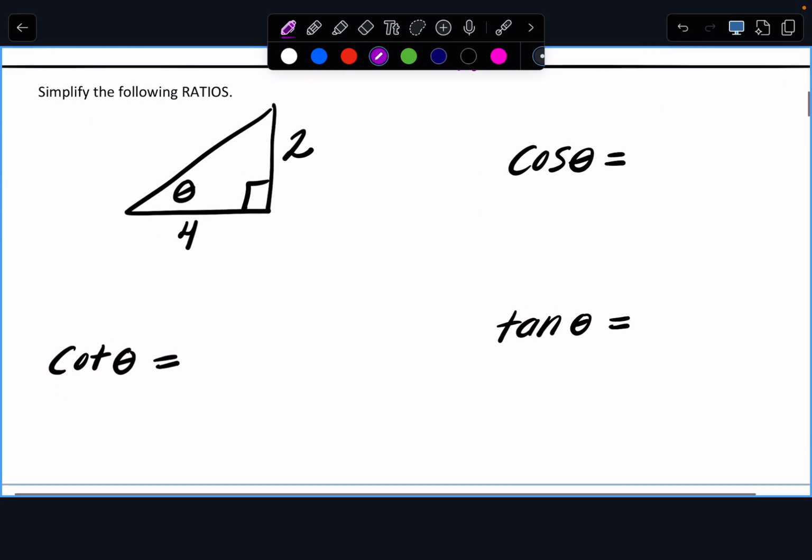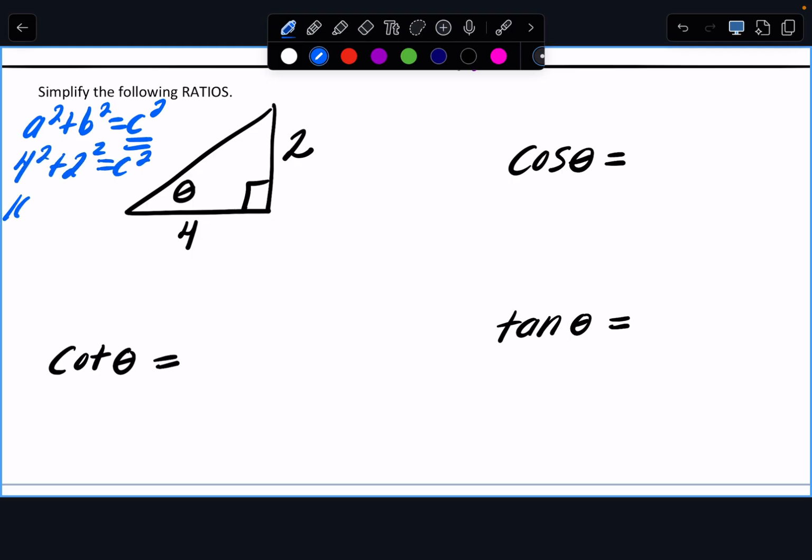Find cosine of theta, tangent of theta. So look, notice it's missing a piece. You would say, oh, okay, if I'm missing a piece of the right triangle, as long as it's side lengths, I can do the Pythagorean theorem. A squared plus b squared equals c squared, where c has to be the hypotenuse. So we're doing 4 squared plus 2 squared equals c squared. So it'd be 16 plus 4 equals c squared. 20 equals c squared. You need c, not c squared.